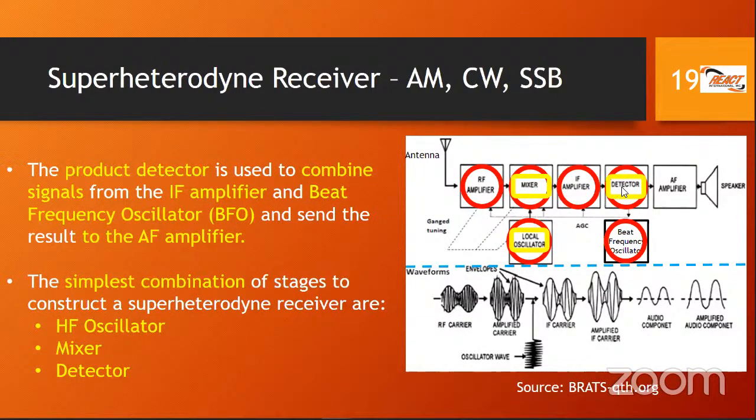So each stage here. We're at the point where we are talking about the product detector. The product detector takes the signal from the IF stage, or the intermediate frequency stage, and it uses another local oscillator called the BFO, or the beat frequency oscillator. And it takes that signal, combines it with the IF signal, and it sends it to the audio.